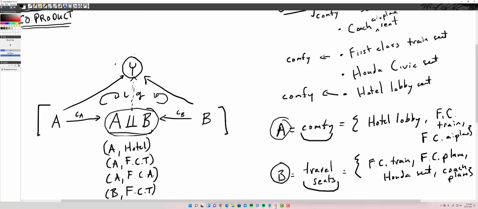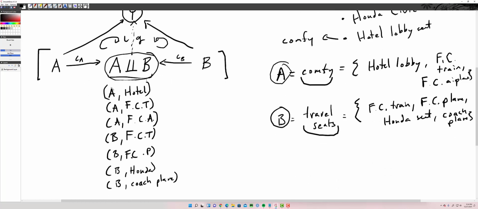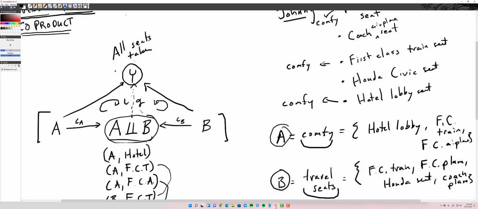This again would be included in all the seats taken. But if there is a map, and that map would somehow map these two things to the same thing, right? And these two things to the same thing, it would include everything in this coproduct.